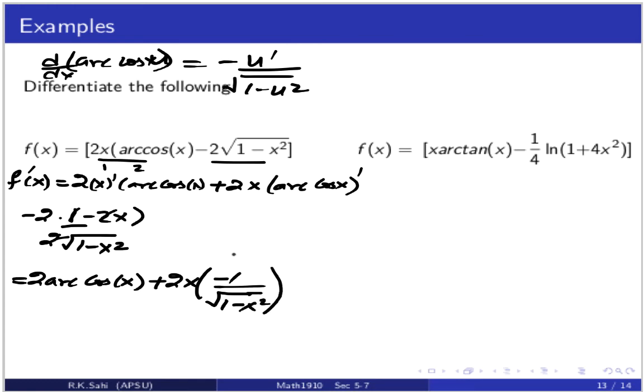Times, now minus with the minus is positive, 2x over square root 1 minus x squared. Notice this 2x term and this term cancel out because they are negatives of each other. So what is our final answer? 2 arc cosine x.